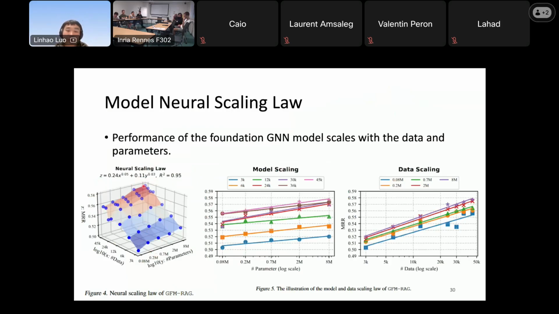So this shows that in the future, if we provide more training data and utilize an even larger parameter size, maybe we can have a more powerful graph foundation model that shows better performance in graph reasoning, and it will lead to better performance in downstream tasks.